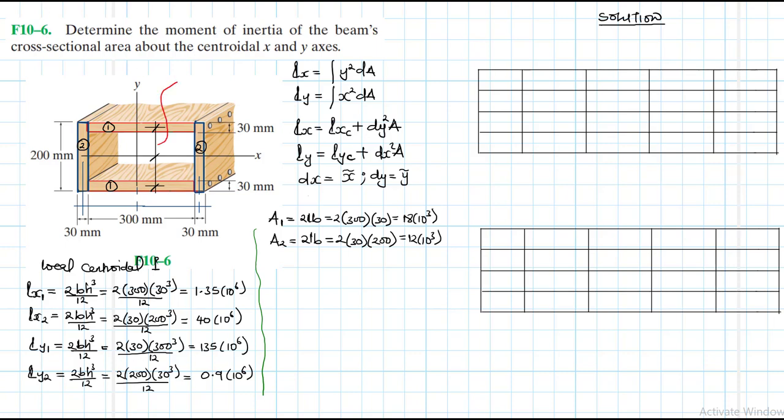So this one here, we are going to call it y curled 1, which is equal to half of 200, which is 100, then minus half of 30.